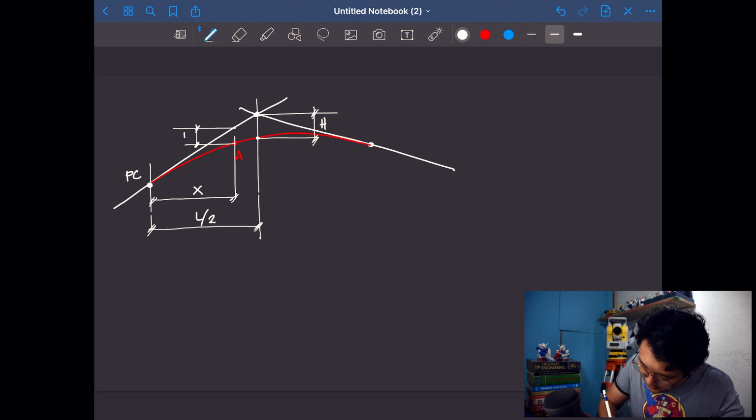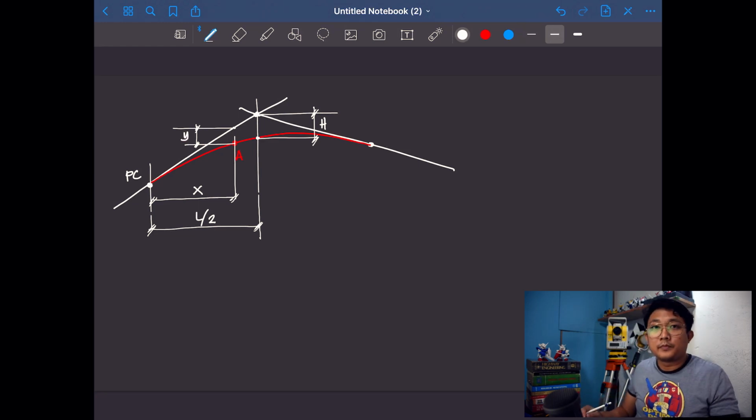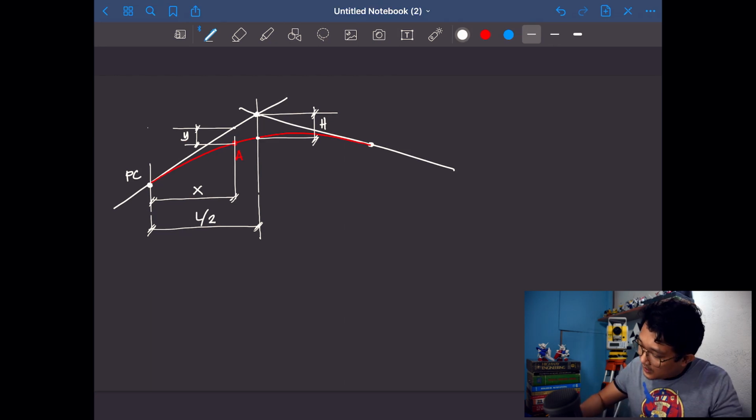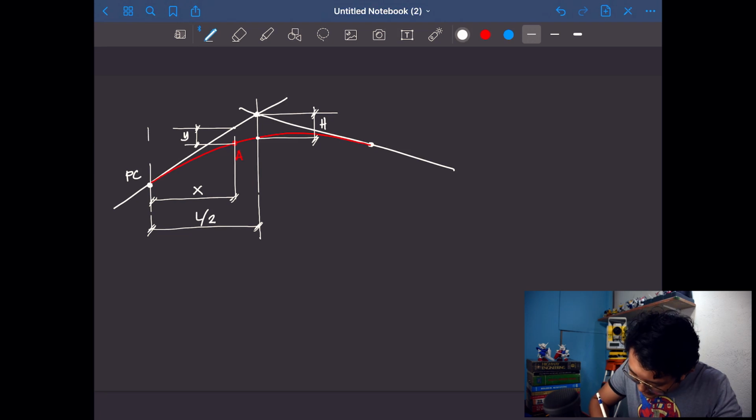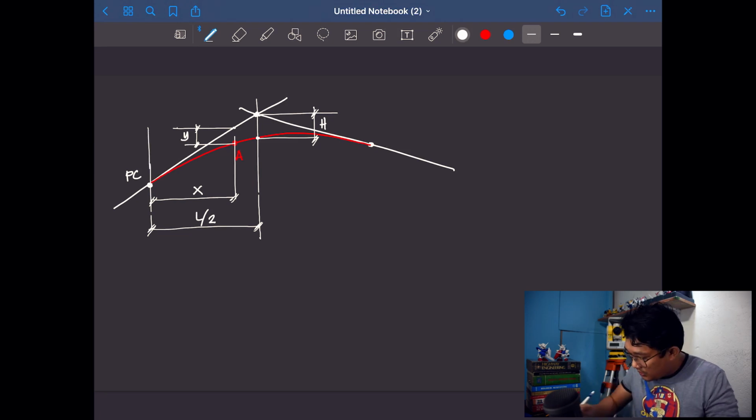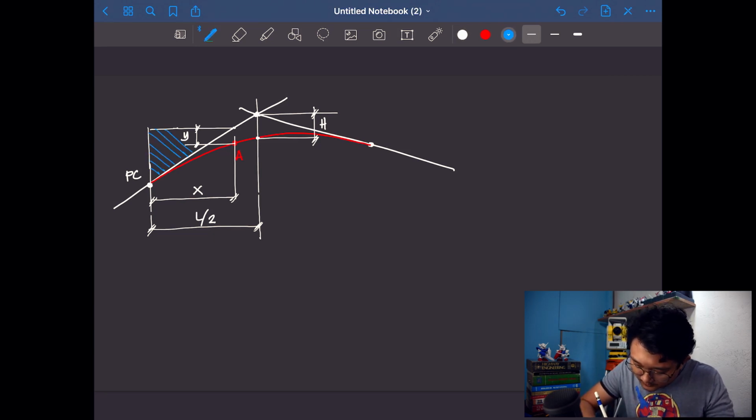We will call this distance y. Now, as I have said also, maybe dozens of times, that in order for us to solve geometric figures in engineering, we need to create triangles. So the triangle that is most obvious there to create is, of course, this one. Let's just continue this line and that line, and you will have this triangle right here.